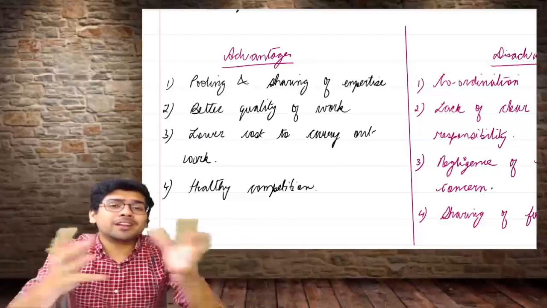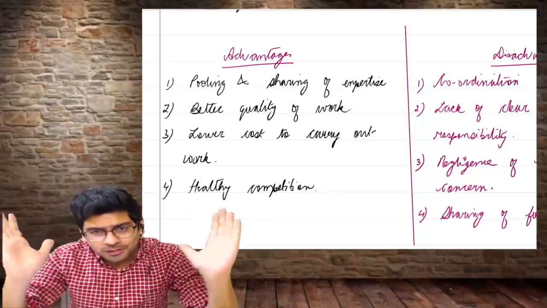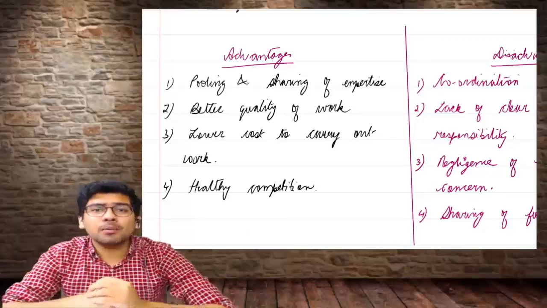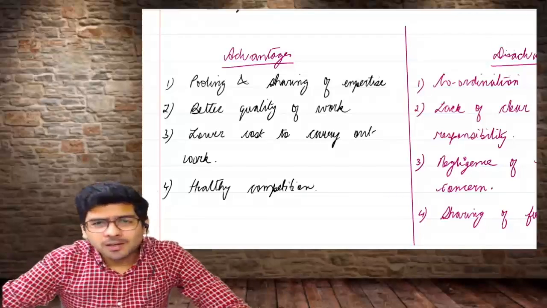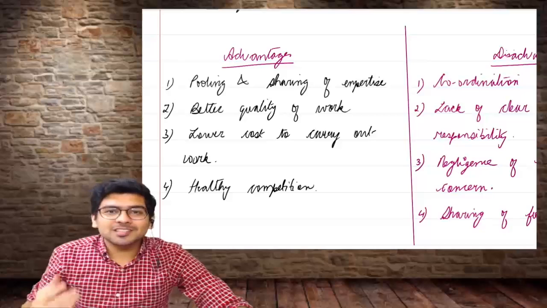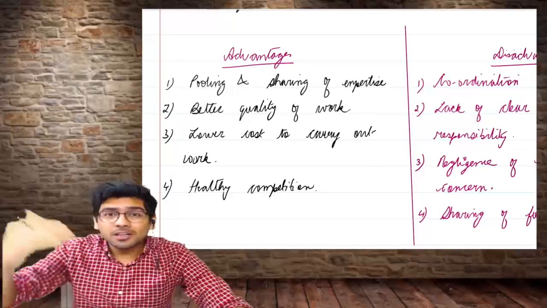And when there are 3 or 4 auditors, there will be healthy competition also. They are going to issue the same audit report. They are going to come to a unanimous decision in most cases, but each one will work in a better manner, because now they know that if I'm a little bit negligent in performing my work, the other auditor will get to know.